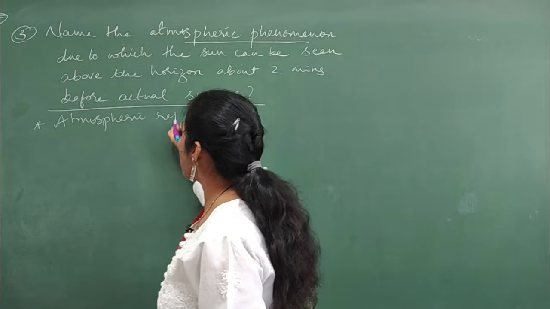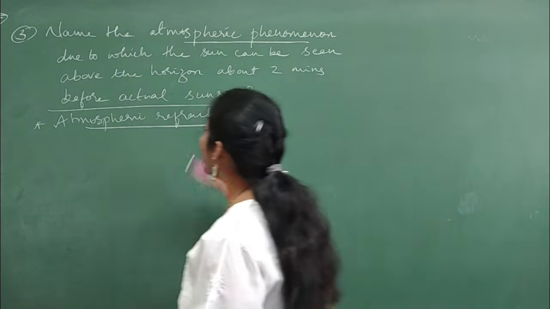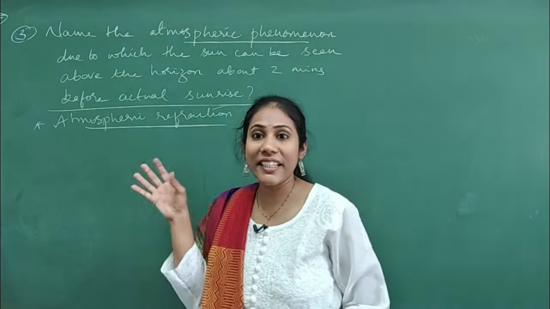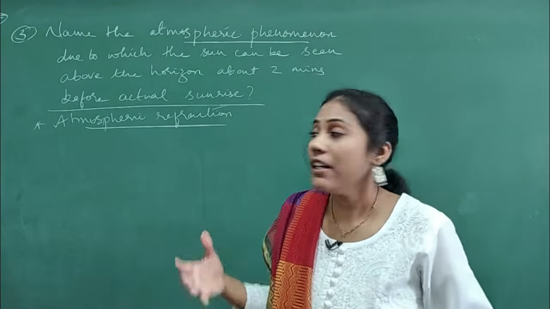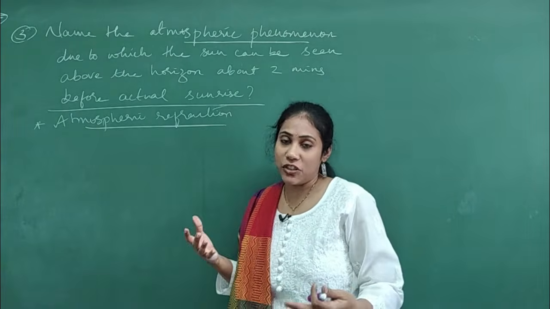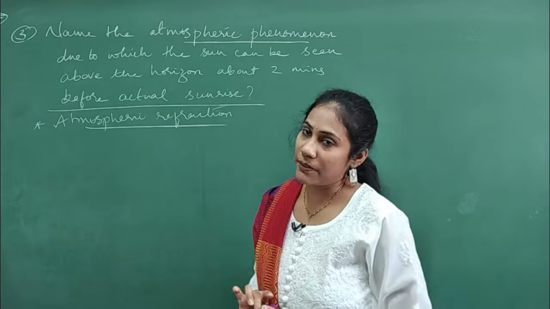Due to the different conditions of the atmosphere, the light coming from the stars or from the sun continuously undergoes refraction. We say the light undergoes multiple refraction. So here also the answer is atmospheric refraction.